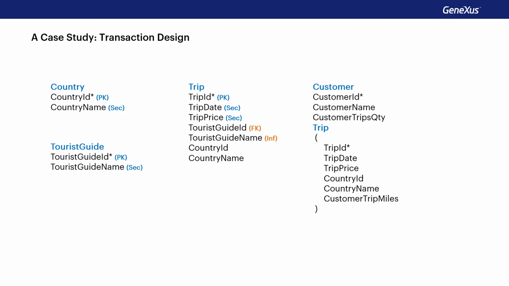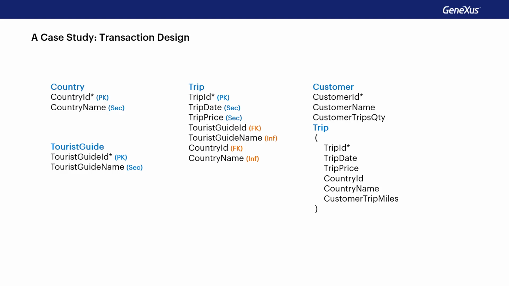Something similar happens with the country ID attribute, which is a foreign key here, and country name, which is inferred from that value. There's also a one-to-n relationship between country and trip. We already know that the inferred attributes are not stored because GeneXus gets their value from the corresponding foreign keys.